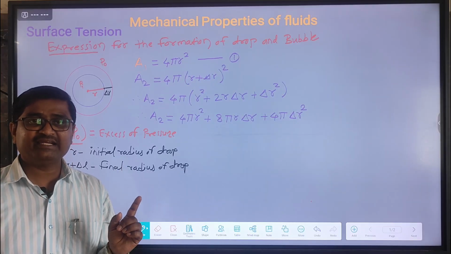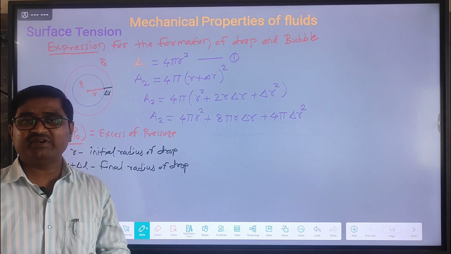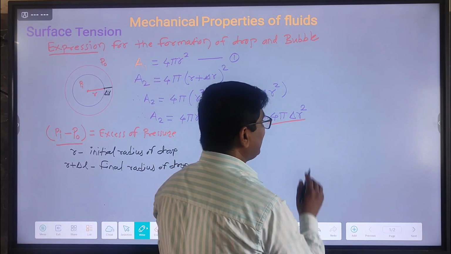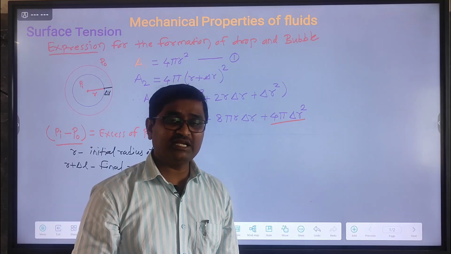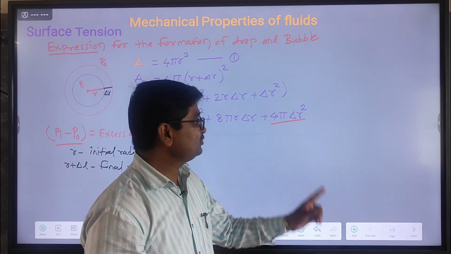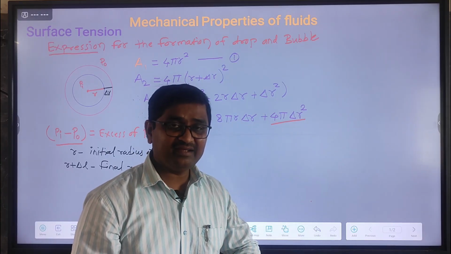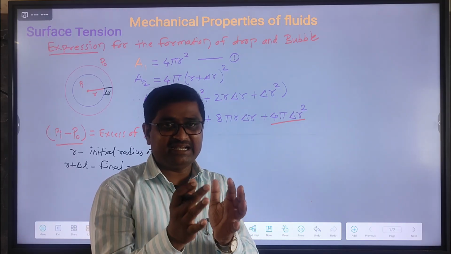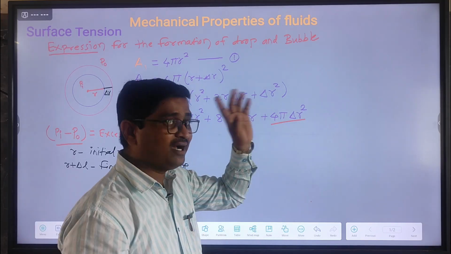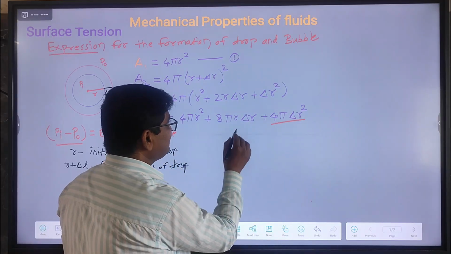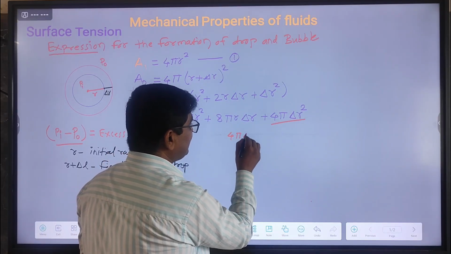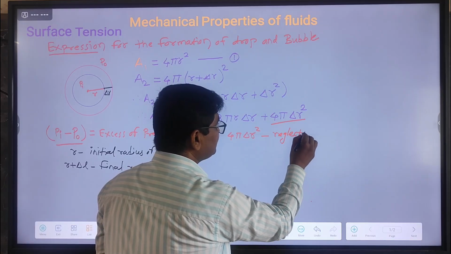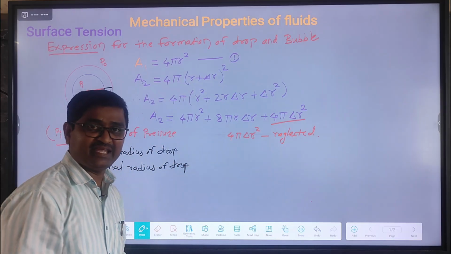So delta r square is negligible, and the term 4 pi delta r square is neglected due to the very small change of radius.